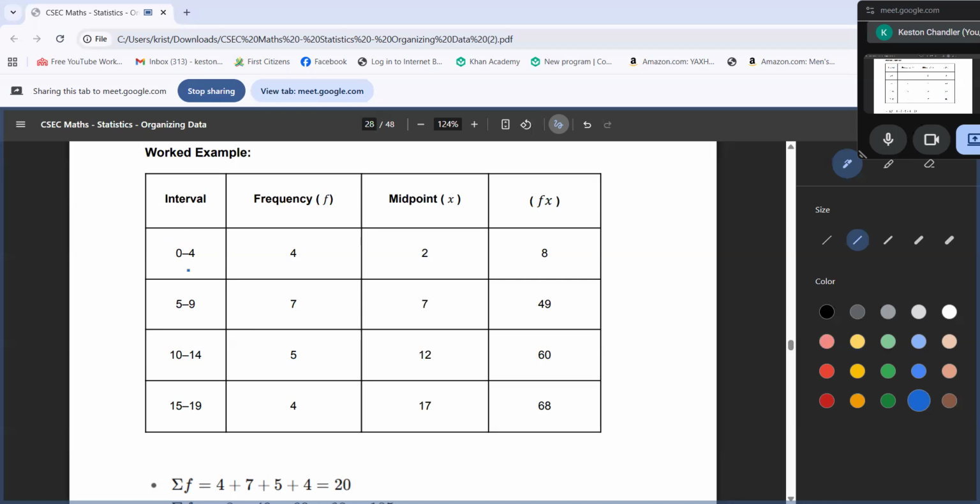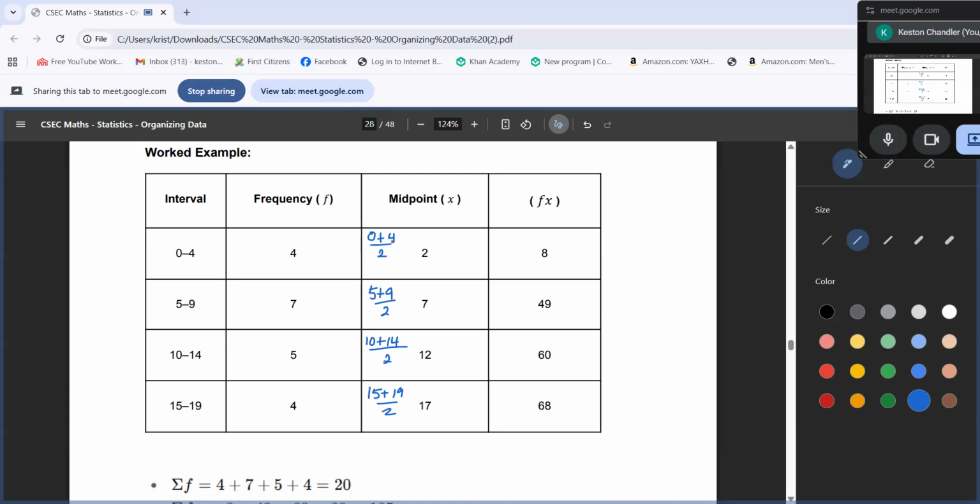Because we do not have the exact mark each student got, we will find the midpoint of each class. The midpoint is found by adding the two limits and dividing by 2. This gives us an average value, or midpoint, that we can use for each class.